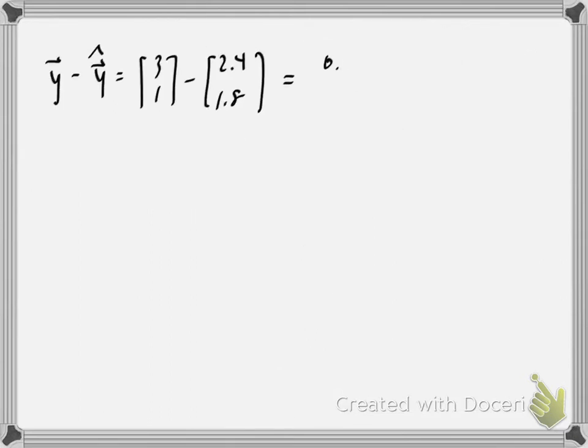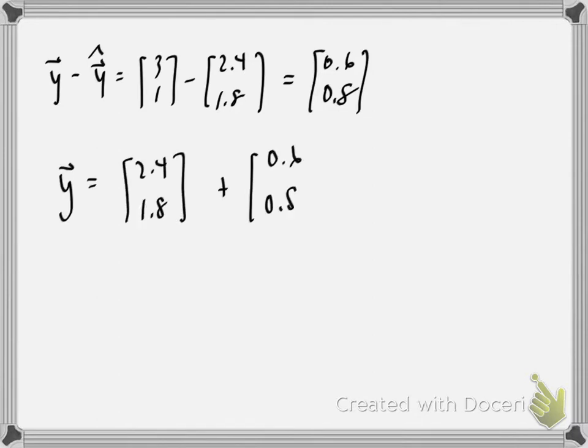And so then y minus this projection is the vector (3, 1) minus (2.4, 1.8), and I get (0.6, -0.8)... rather, the vector (0.6, 0.8) as stated. And so I can decompose y as (2.4, 1.8) plus (0.6, 0.8). That's the decomposition into a portion in L and a portion in L perp.